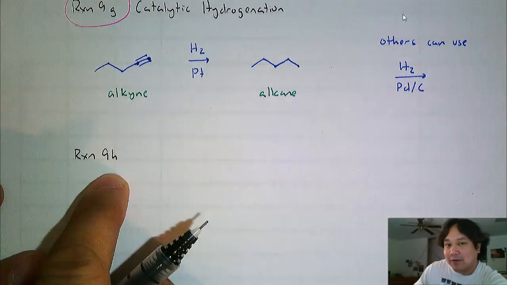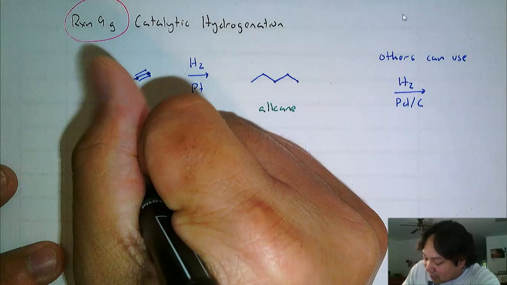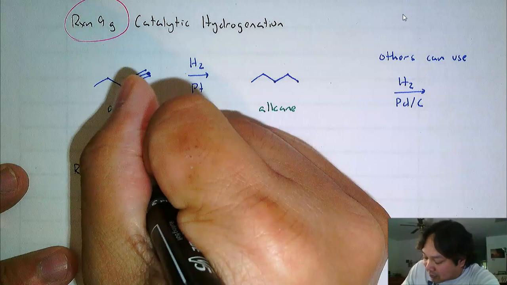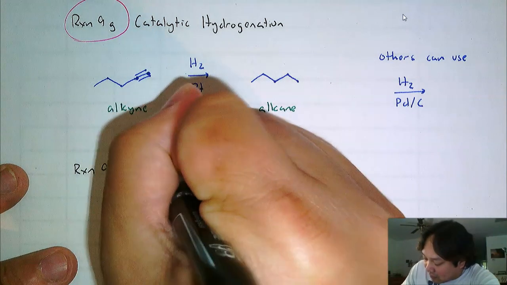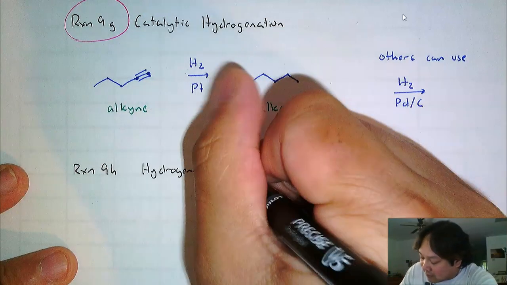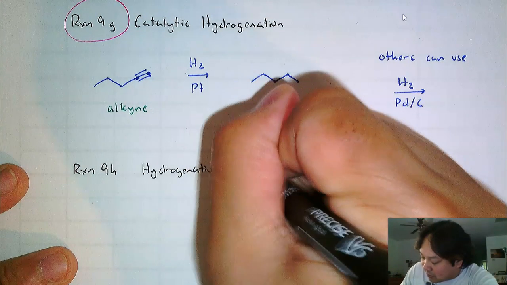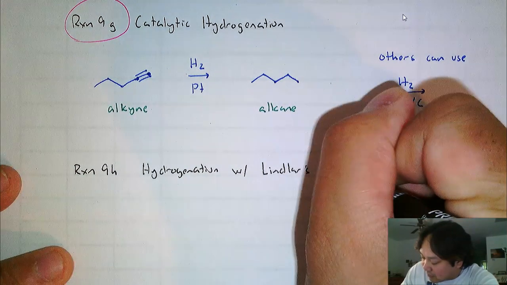But let's take a look first at this other type of hydrogenation. This is going to be using Lindlar's Catalyst, so we could say adding hydrogen gas with Lindlar's Catalyst.